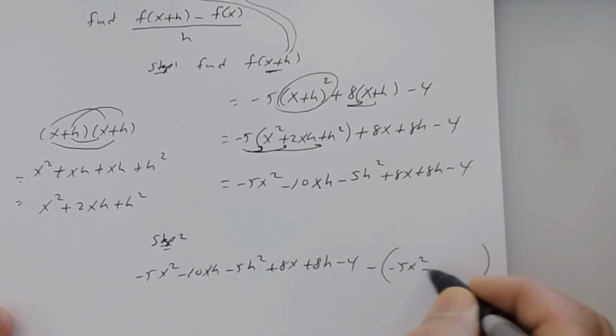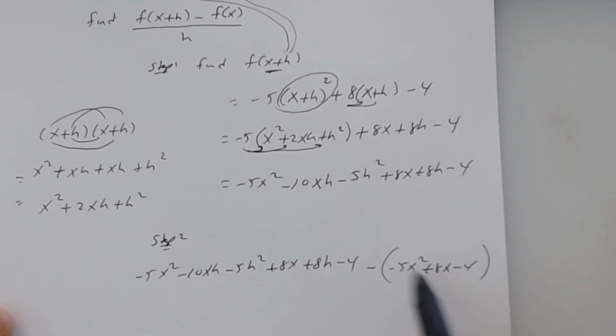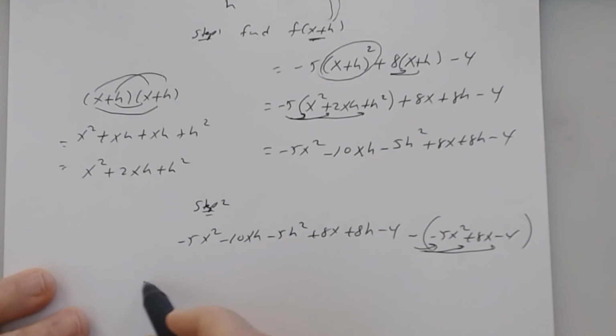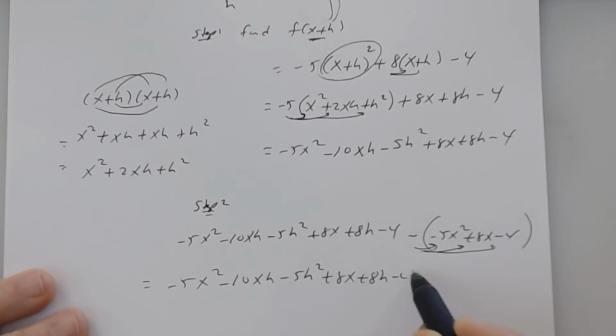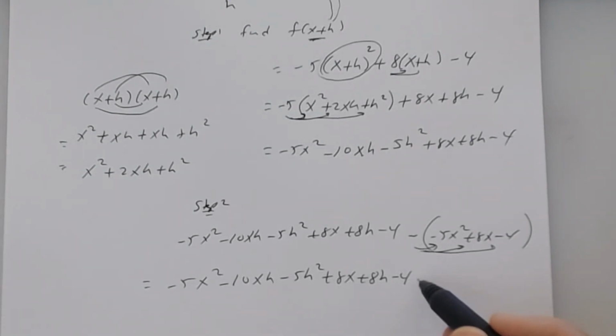So I'm going to subtract -5x squared plus 8x minus 4, because that's f of x, right? Get rid of the parentheses. This becomes -5x squared minus 10xh minus 5h squared plus 8x plus 8h minus 4. And then what else? Plus 5x squared, because you distribute the -1 here, minus 8x, and then plus 4.